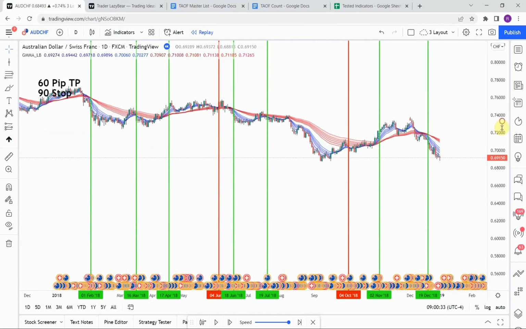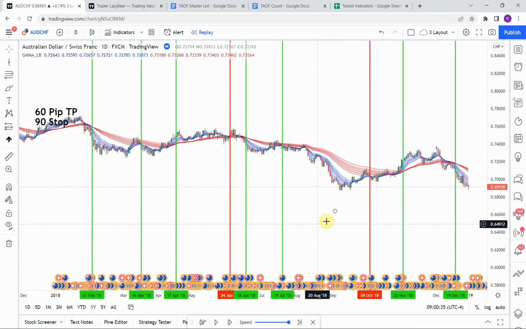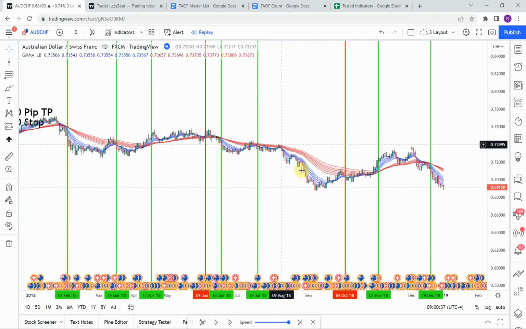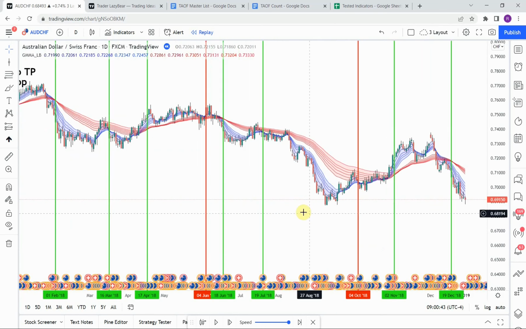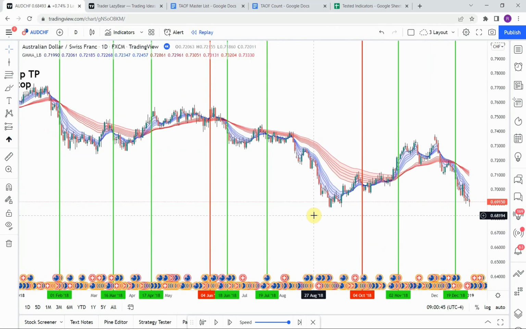Did so rather well. 9 trades. Definitely wish it gave us more trades within the 1 year's time. But the trades that it did give us obviously were pretty decent signals there. Relatively high win rate at those 7 winning trades.